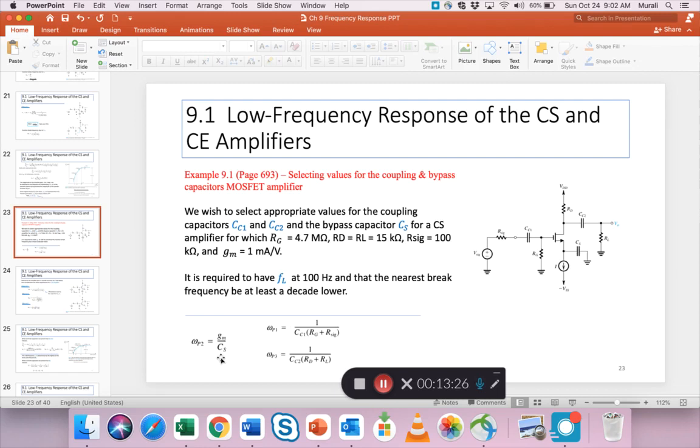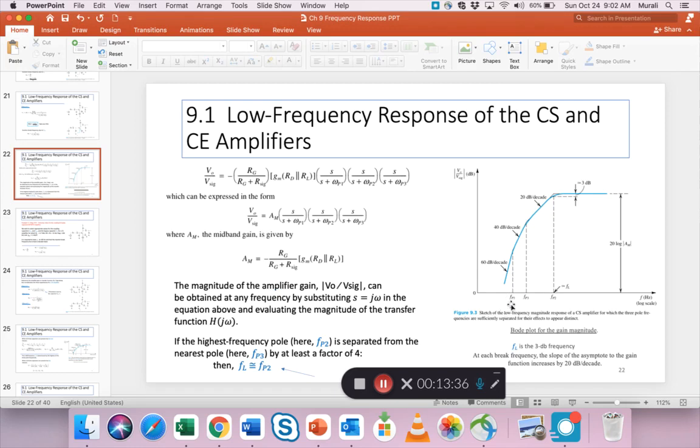That means the breakpoint frequencies here, FP1 and FP3, which are shown here, have to be much lower. Here the book says a factor of 4, but in example 9.1 in the textbook, if this is 100, he takes this to be around 10. So if these are about 10, then between 10 and 100 there's enough distance, right? It's 10 times. The rule here is at least 4 times.